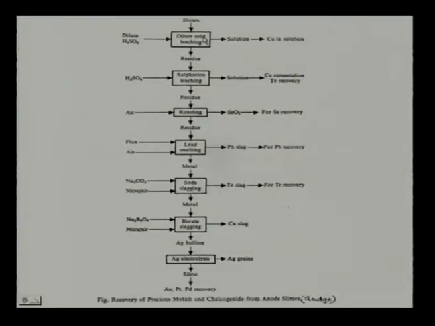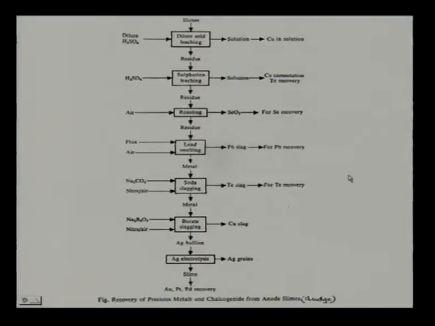With dilute sulphuric acid leaching, any residual copper that may be in the sludge can be taken into solution. Then there will be the residue. The residue will be treated with slightly stronger H2SO4 and we will do what is called sulfation leaching.